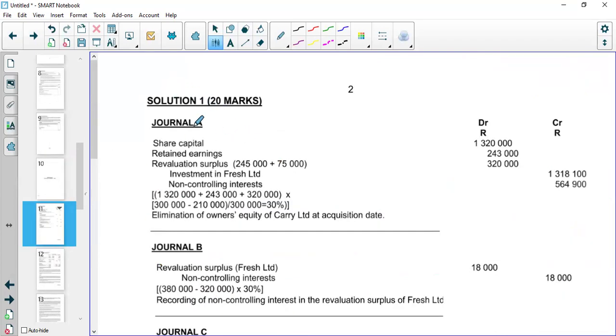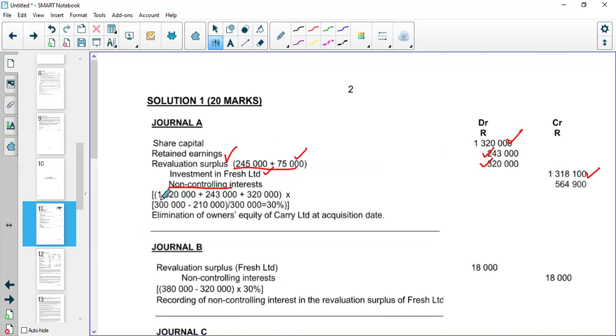So here's the solution. We credit share capital of the subsidiary. Simple and straightforward. Retained earnings of the subsidiary, simple and straightforward. Revaluation surplus, we add the gain, simple and straightforward. Investment in fresh is a credit, simple and straightforward. NCI, the share of the non-controlling interests.